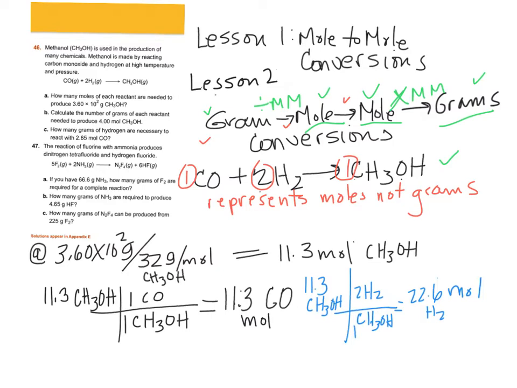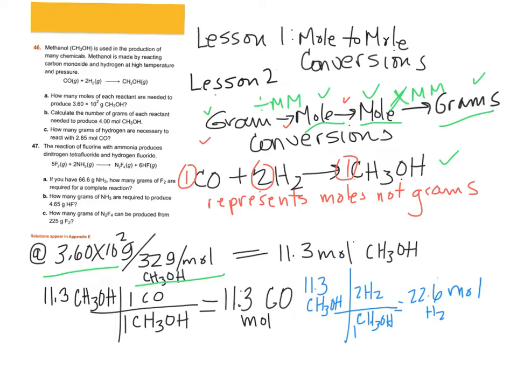When you're converting grams to moles, you take the grams and you divide it by the molar mass. In problem A, they gave you 3.6 times 10 to the second grams of CH3OH. I quickly went to the periodic table and figured out that the molar mass of CH3OH was 32.